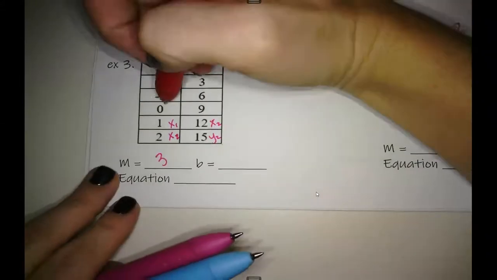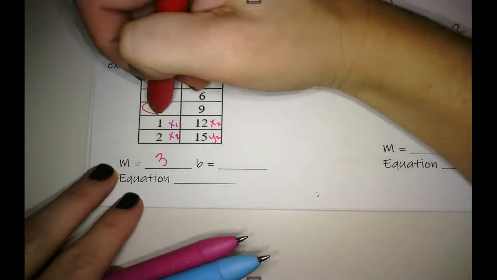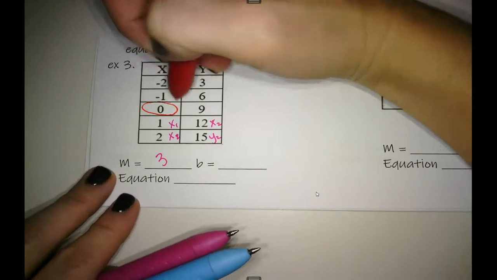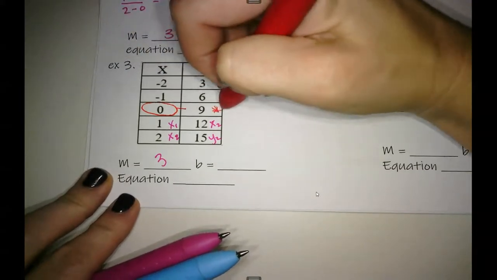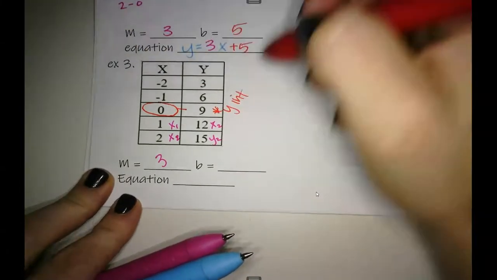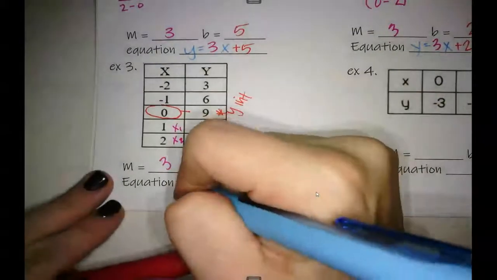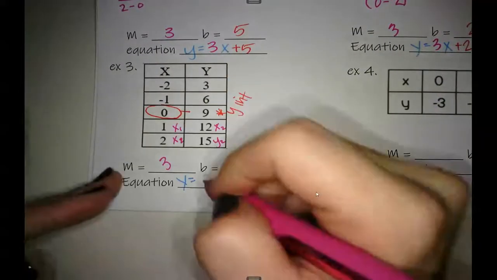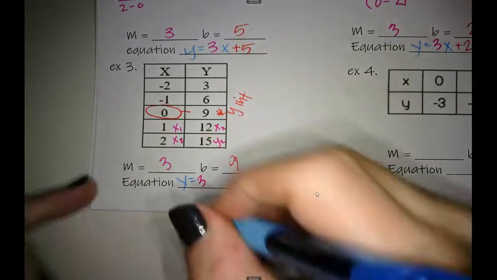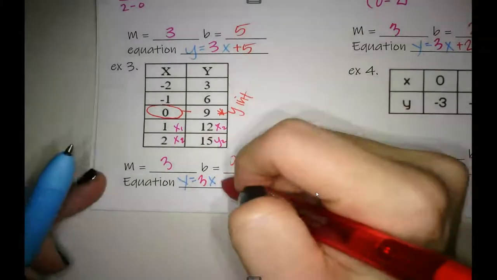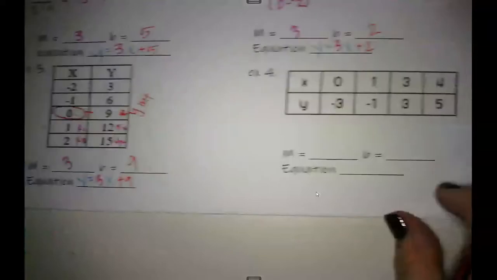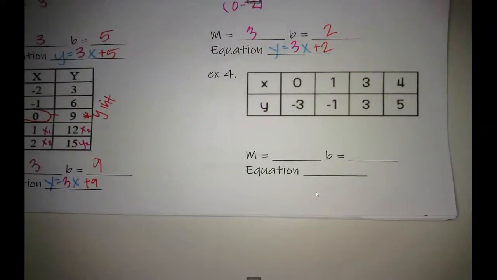And then you find in your table where x is 0, and this is your y-intercept at 9. So y equals 3x plus 9.